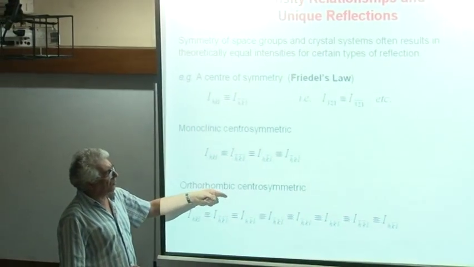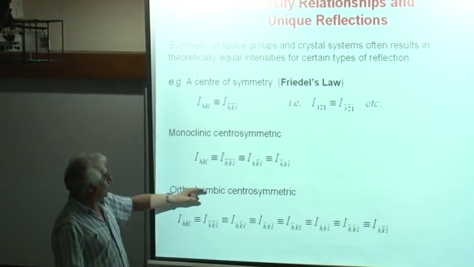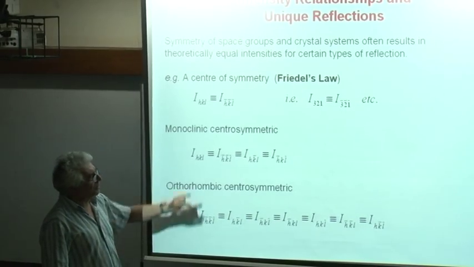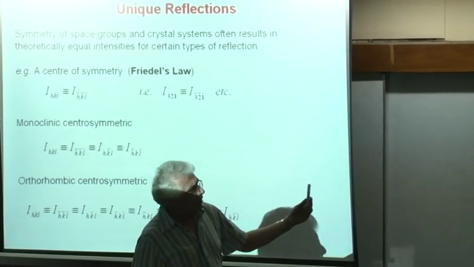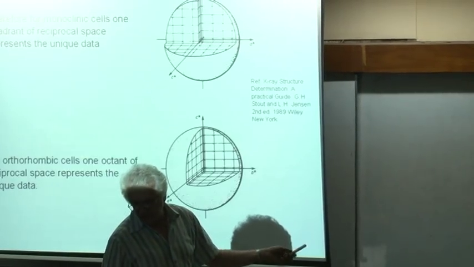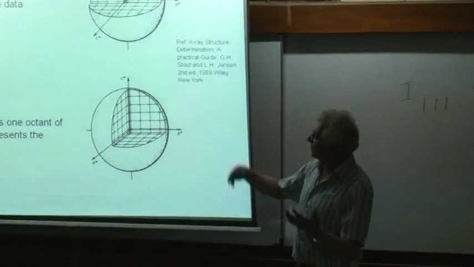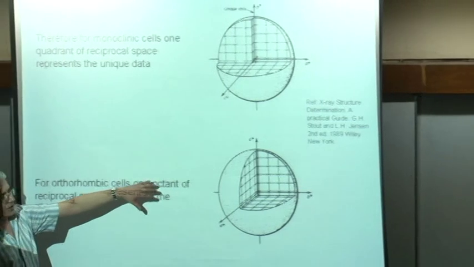And there are lots of other relationships depending on what the type of crystal structure is. So for monoclinic, orthorhombic, you have these other intensity relationships. Don't worry too much about those. The main difference here is that for single crystal data, it means you don't have to collect everything. You collect just a quadrant for orthorhombic cells, for example.